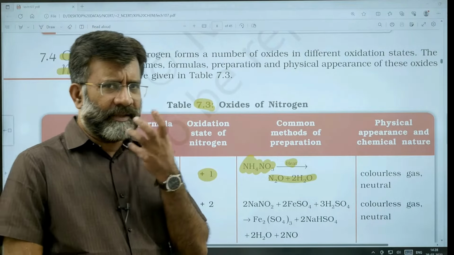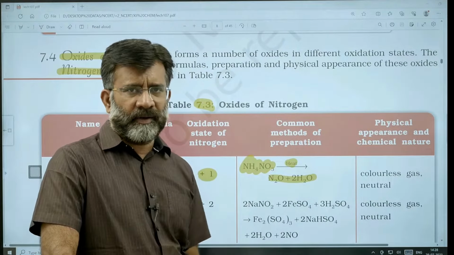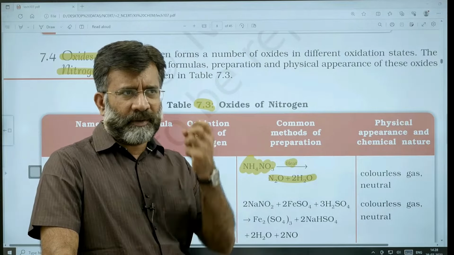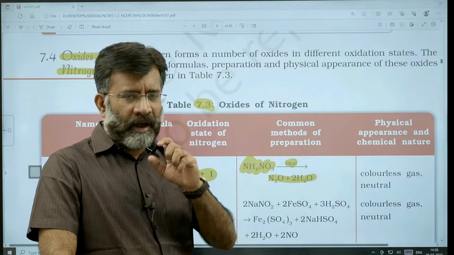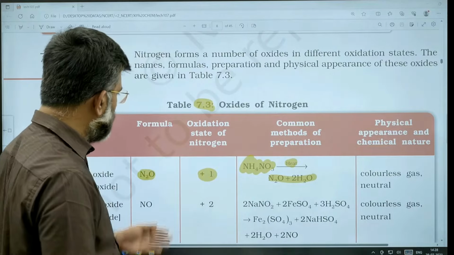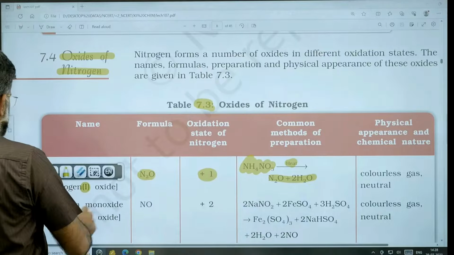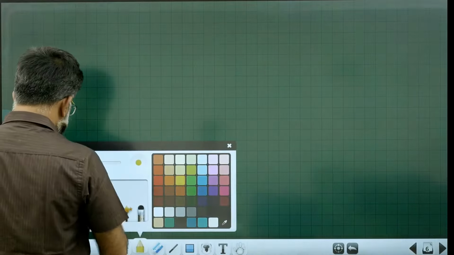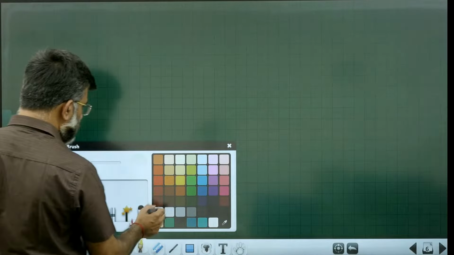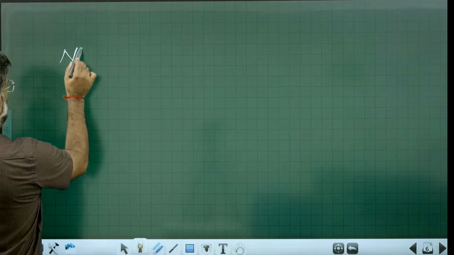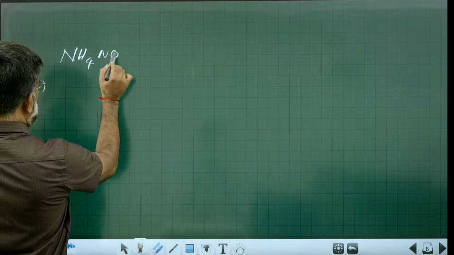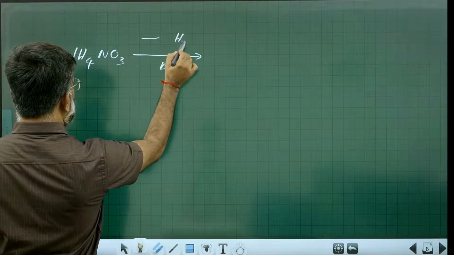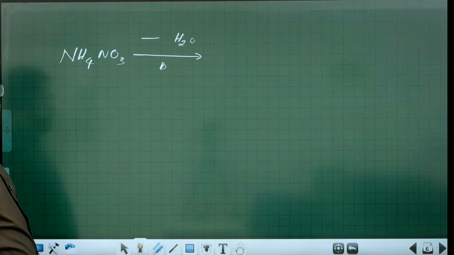You know, many reactions that we learn in inorganic chemistry, you don't simply need to mug up, but you can apply some logic to memorize how that product is obtained. For example, ammonium nitrate on heating gives nitrous oxide. You see that upon heating, what actually happens is water molecules come out.